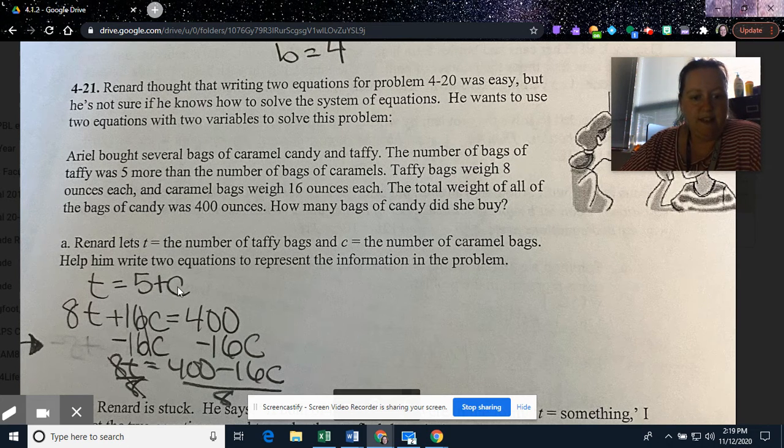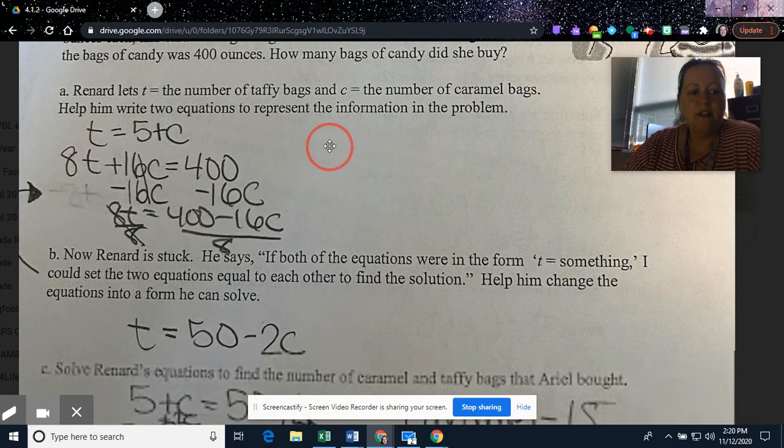And then to think about the total ounces, the bags of candy had to weigh 400. And then as you're thinking about your taffy and your caramel, think about it in terms of ounces. Each bag of taffy is 8, each bag of caramel is 16, and so you would need to solve that equation.